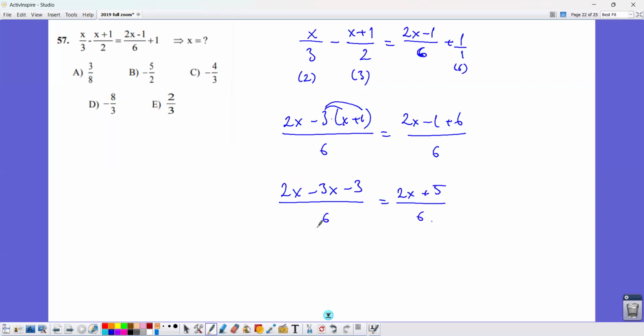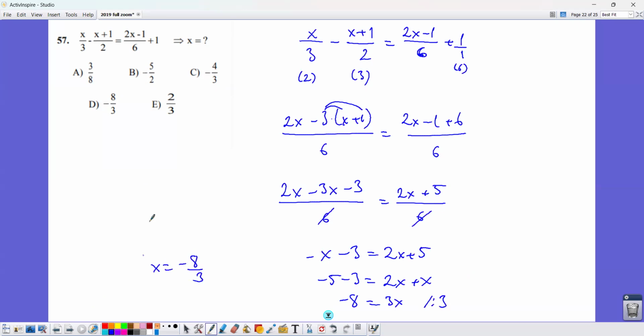When you have the denominator same like this, we can cancel these two. So what we have here, 2x minus 3x is minus x, minus 3 is equal to 2x plus 5. Unknowns in one side, knowns in the other side. I will take 5 to this side. So it will be minus 5 minus 3 is equal to 2x plus x. So this one will become minus 8 is equal to 3x. When I divide by 3, x is equal to minus 8 over 3.